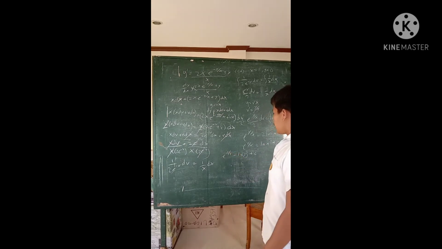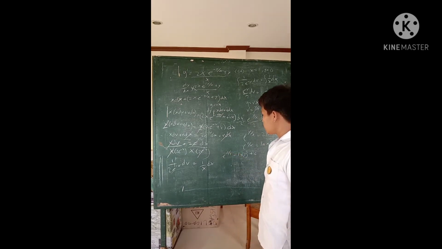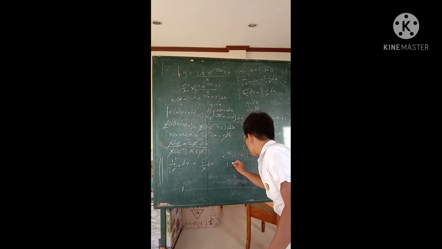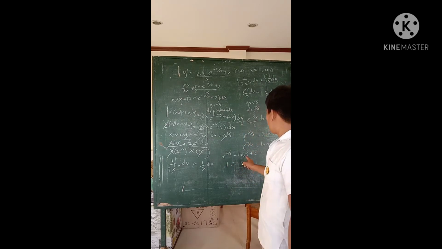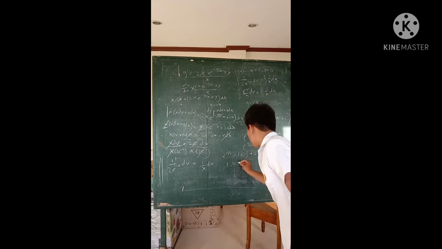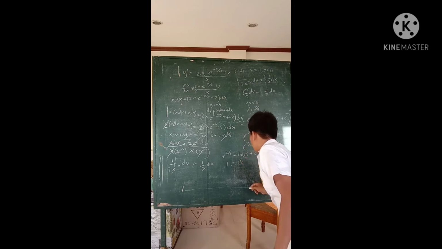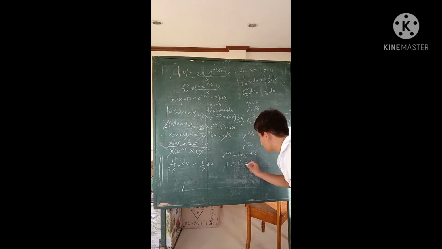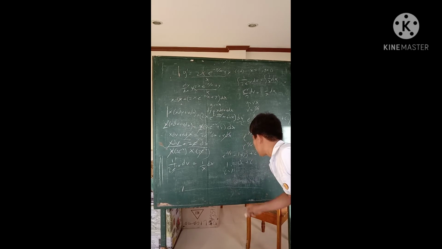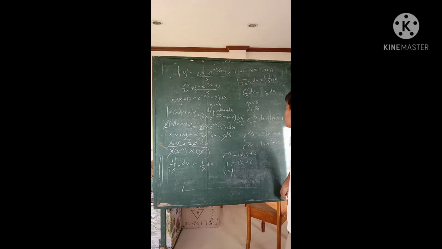So e raised to 0 over 1 equals 1. ln 1 squared equals ln 1, and ln 1 equals 0, plus c. So c equals 1. C equals 1.